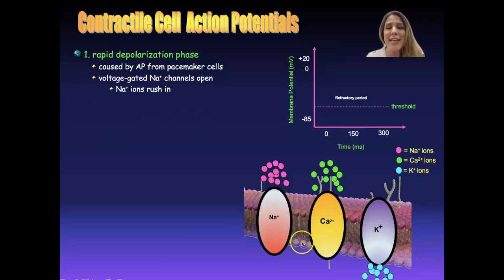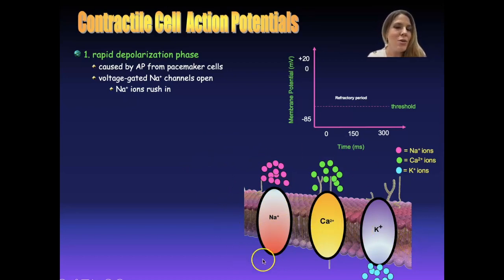Well, the key is those sodium ion channels that are embedded in the membrane. So recall that pacemaker action potentials depended on HCN channels as well as calcium and potassium. Well, contractile cells do not use HCN. They use sodium ion channels as well as calcium and potassium channels.